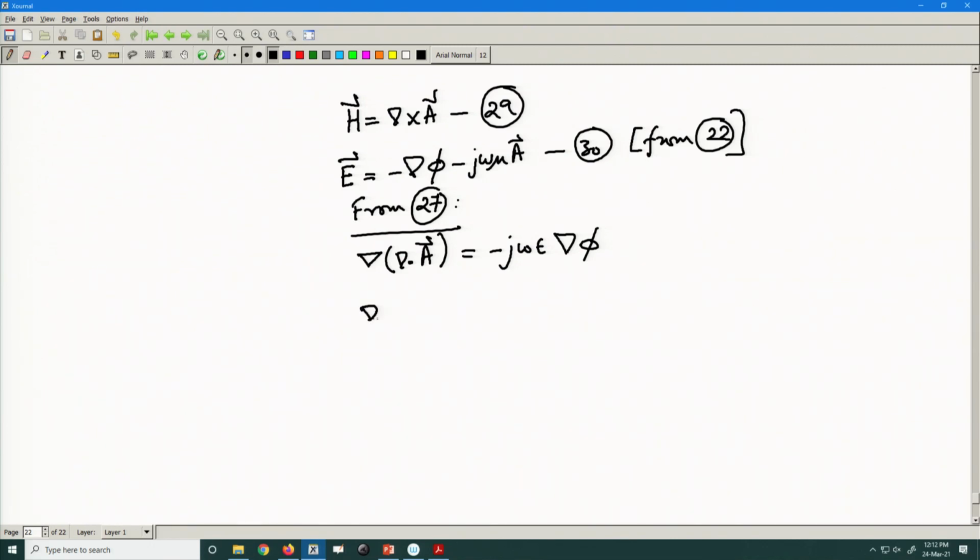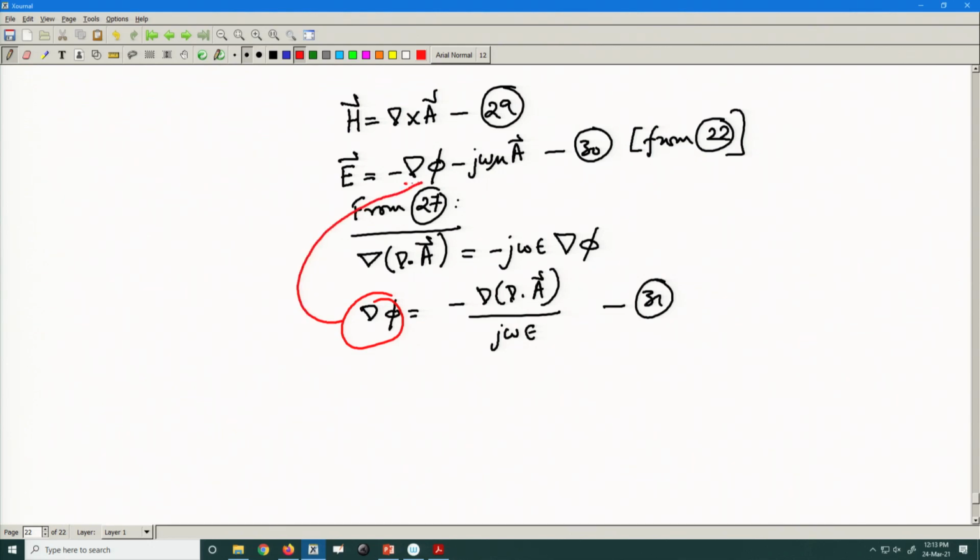Therefore, grad of phi will be equal to minus grad of divergence A divided by j omega epsilon. We call this 31. And then all we have to do is substitute this grad of phi from here to there.